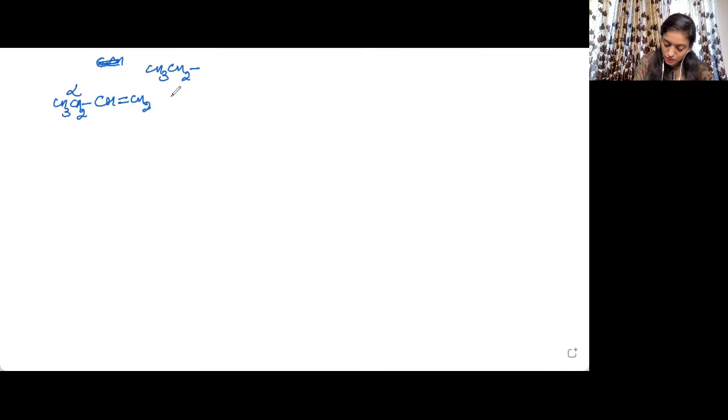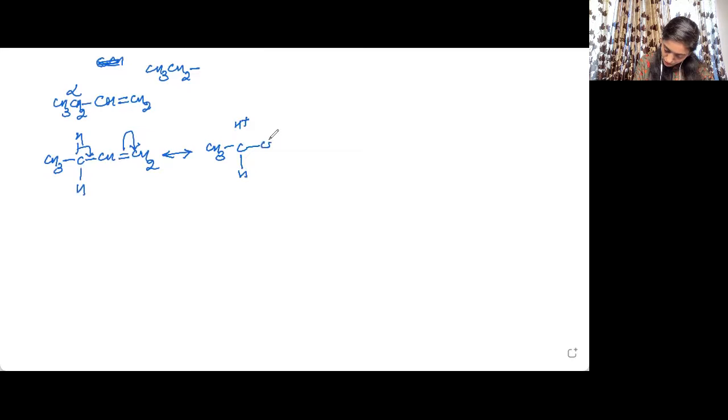The hyperconjugating structures possible here: the electrons go from here to here, giving CH3, C with H positive, then a double bond, CH, single bond, CH2 with a negative charge.